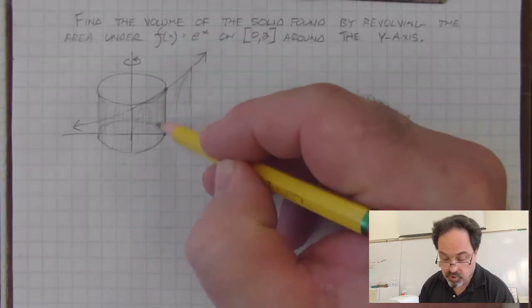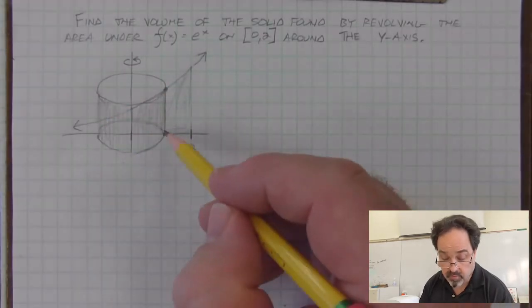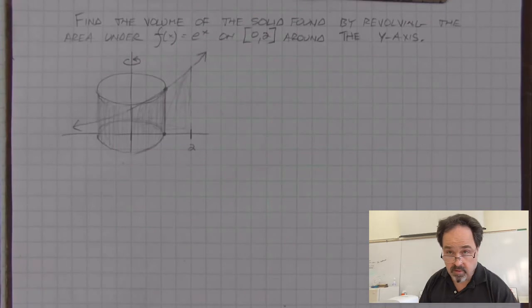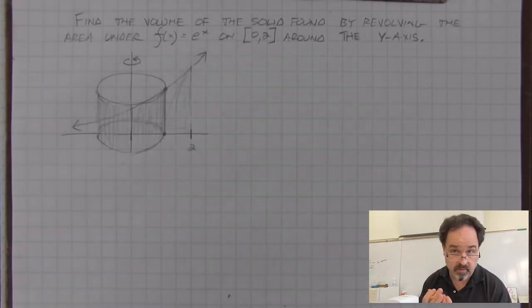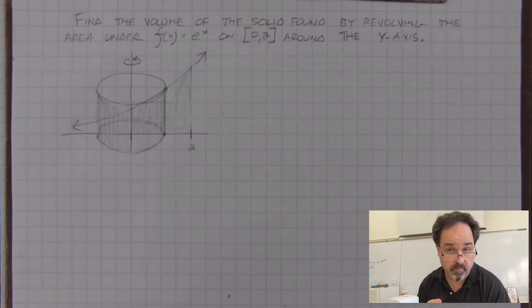But the shading, the area that this line is going to represent, doesn't include the top and the bottom of that cylinder, the two circles. It's only the side of the cylinder. It's the shell, like a soup can label, that wraps the cylinder.